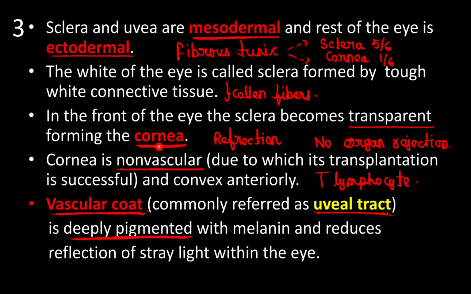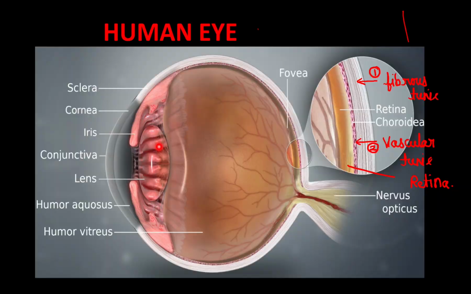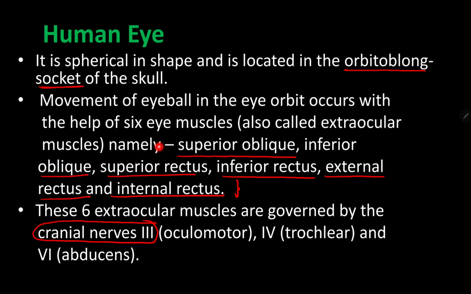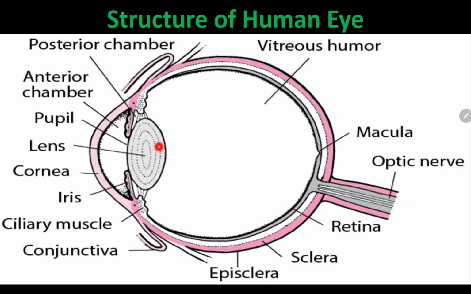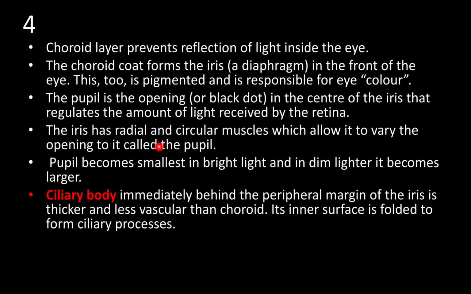Because when light waves enter through our eyes, they can reflect in many directions, here and there, unnecessarily. So they prevent that, because they are hyperpigmented, they can do it.